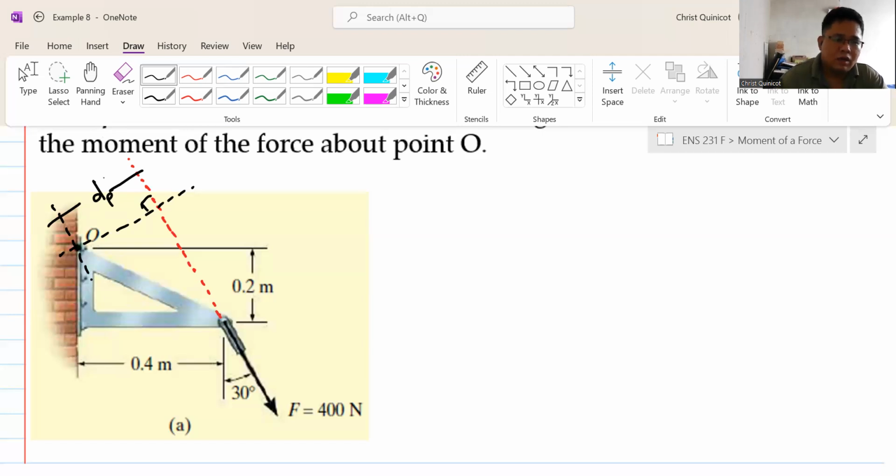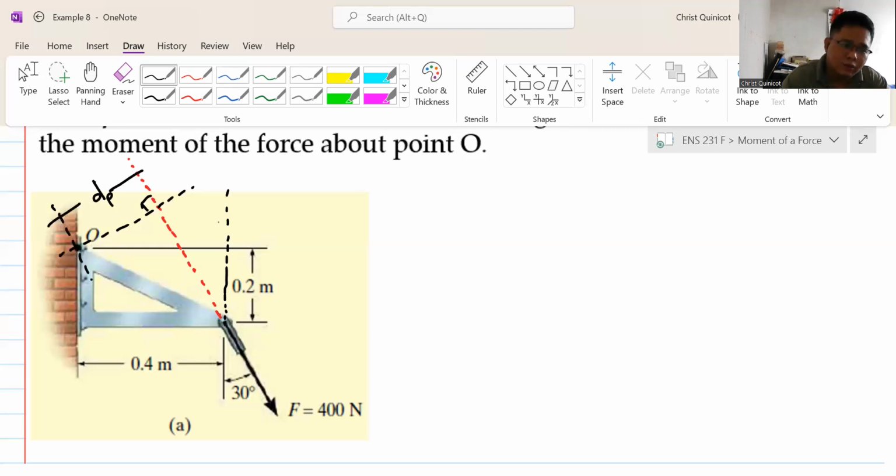Now, how are we going to measure that, given that we only have 0.4 and 0.2? We take this part here. We know that from the point where our F is applied, it is 0.2 vertically, as well as 0.4.